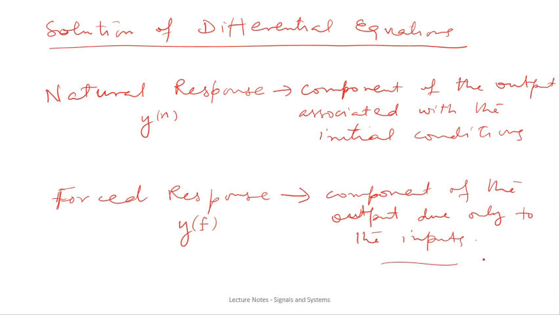Okay, because you are already seeing here that the natural response is due to the initial condition, that is why it can be said that the natural response is the system output for zero input.